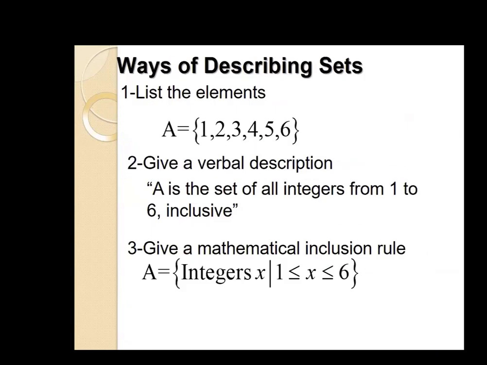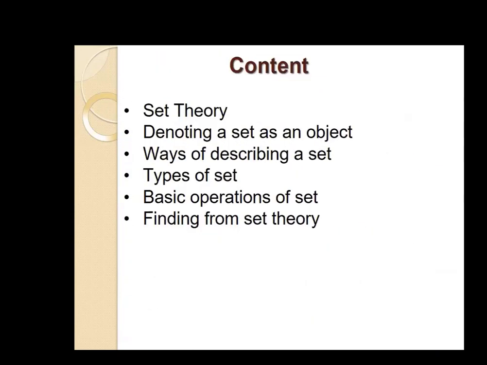So far we have studied these topics which we have covered in this presentation, like set theory. In that we have seen what a set is, how to denote a set, what an object is, what an element is, right? And we have studied how many types of describing a set there are.